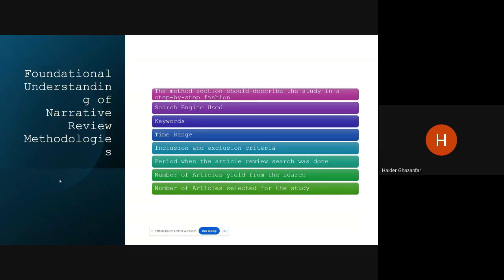I can give you 5 to 10 minutes, and then we'll continue from the next slide. So you want to mention PubMed, which keywords you will use for this article, what the time range will be, in your opinion what the inclusion and exclusion criteria should be, and which articles you will not include in your final study.